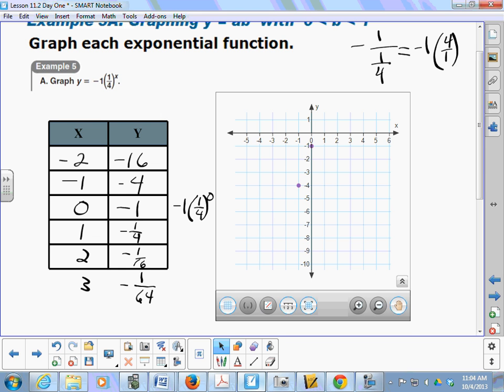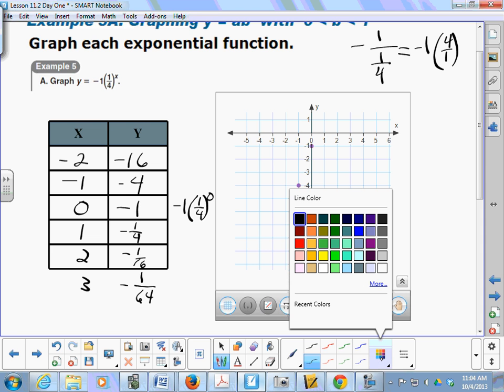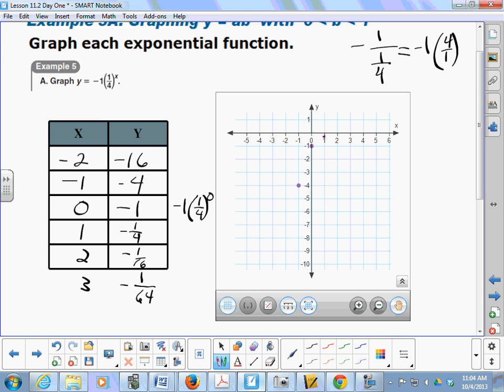It won't do that for me either, so that's all right. I've got my handy-dandy marker here. So we get 1, -1/4, 2, -1/16. So they're just going to get smaller. I can see the pattern here.